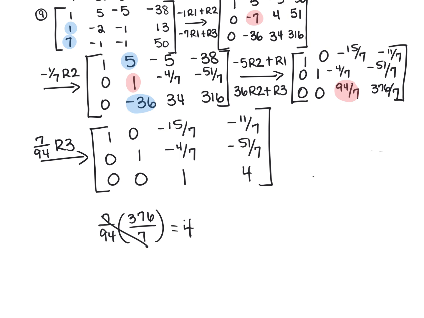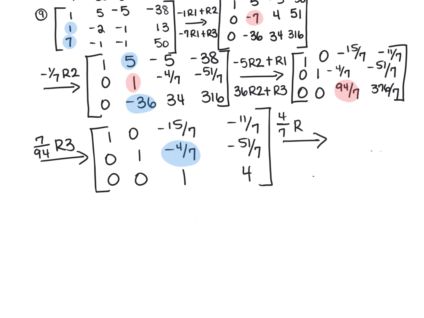So we're going to erase this, and now we have the zeros to create up above. So we're going to make a 0 right here. In order to do that, we're going to take positive 4 over 7 times row 3.